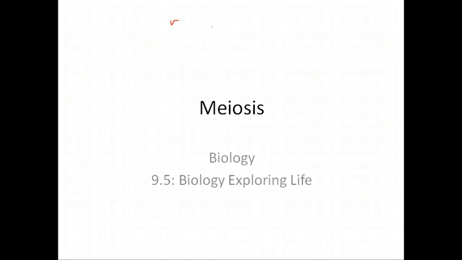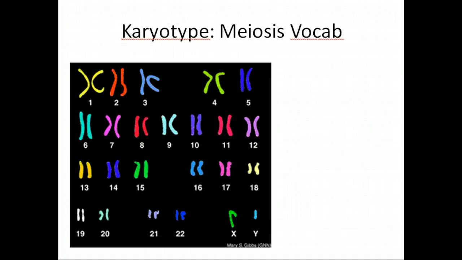All right, first thing you have to do though when considering meiosis, there's a lot of vocabulary that you have to consider with meiosis, right? The first thing I want you to understand is this idea of what a karyotype is. A karyotype is a complete accounting of all of the chromosomes that you would find in a cell. So all of them.